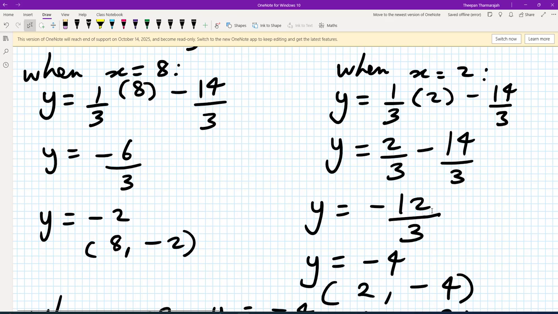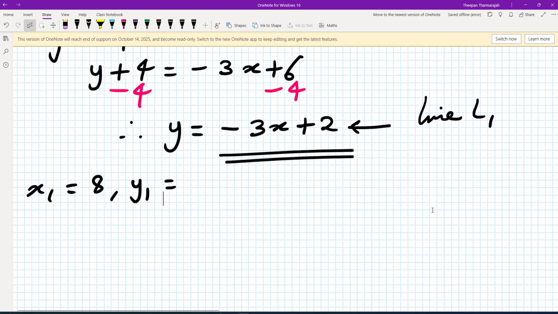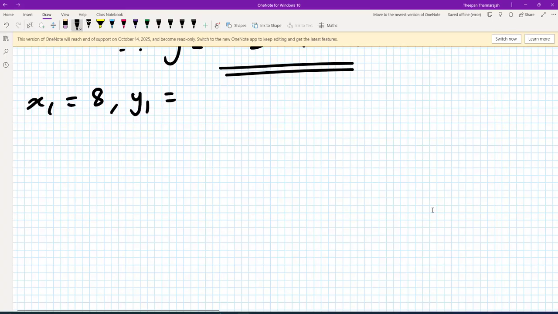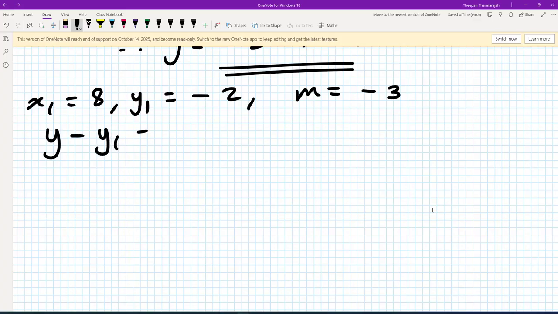So we've got that when x was 8, our y coordinate was minus 2. So meaning our y1 is minus 2, and m, they've told us originally the gradient of the tangent lines was minus 3. So again, same formula, y minus y1 is m times x minus x1.